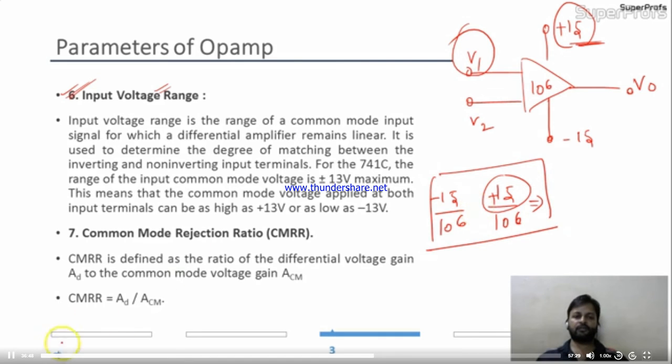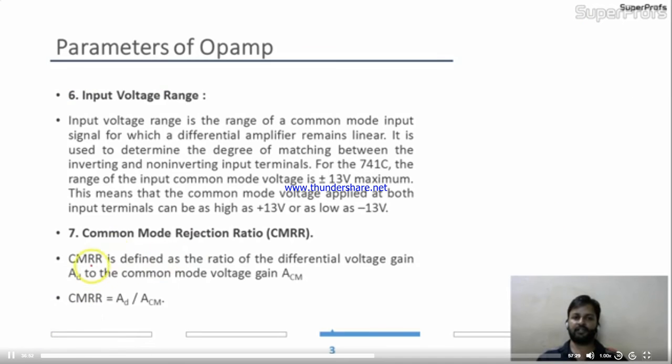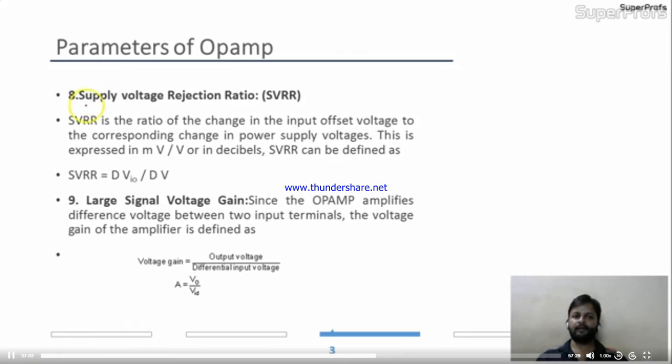Okay. Now the most important thing is the common mode rejection ratio we have seen earlier. The CMRR is defined as the ratio of the differential voltage gain AD to the common mode voltage gain ACM. We have seen it. Okay, supply voltage rejection ratio. SVRR is the ratio of the change in the input offset voltage to the corresponding change in the power supply voltage.